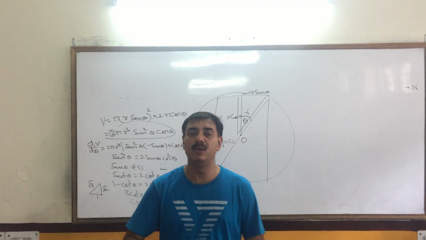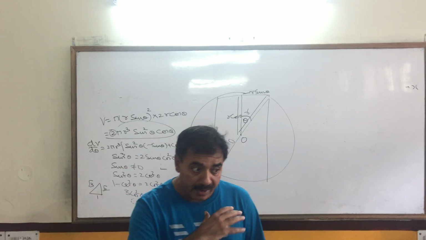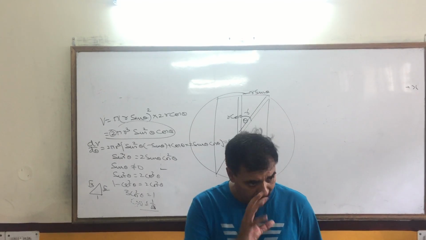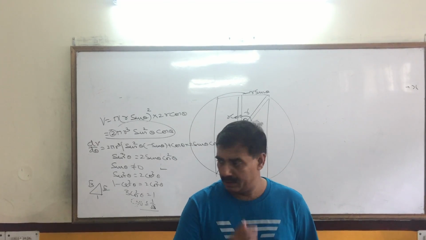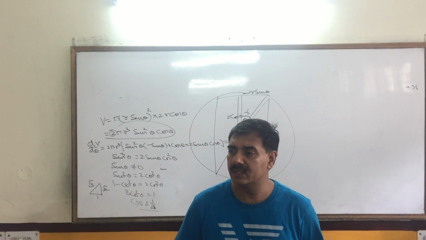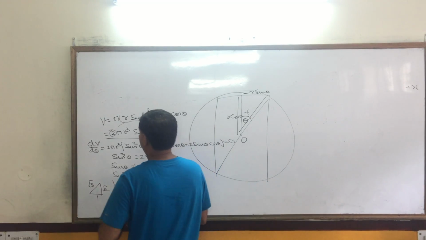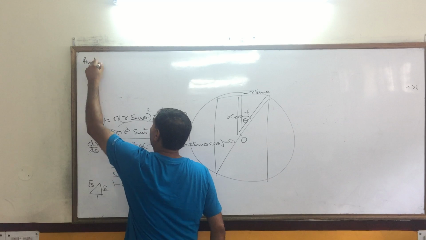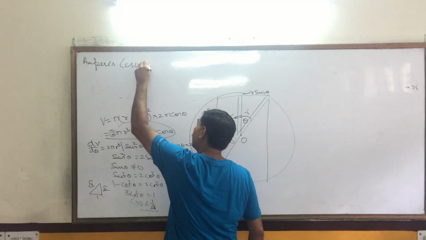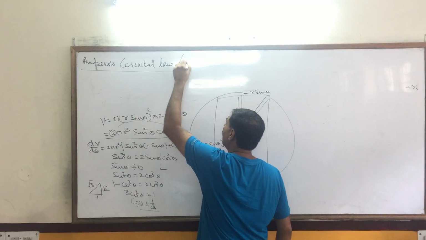That is the magnetic field due to a hollow wire, a solid cylindrical wire, a solenoid, a toroid, and so on. It means the lecture for today is Ampere's circuital law, ACL in short.